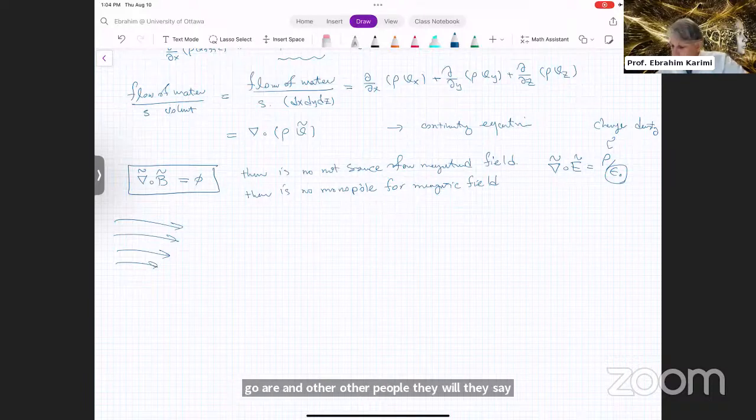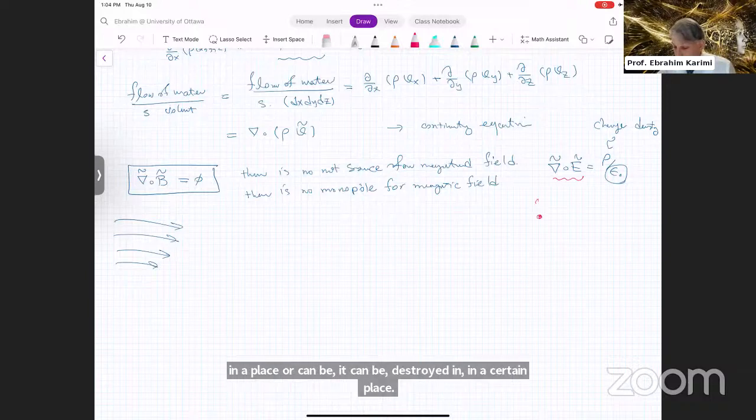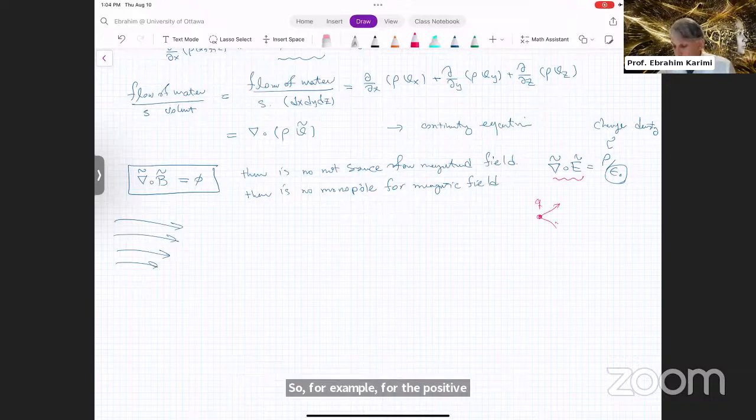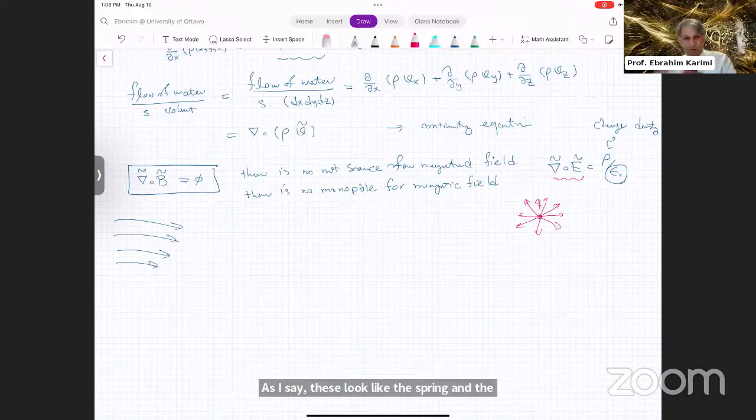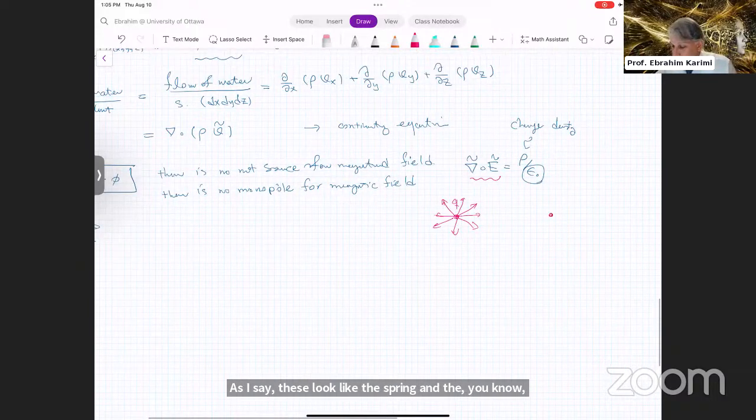What is important is that for the electric field, you are expecting that the electric field is created in a place or can be destroyed in a certain place. For example, for the positive charge Q, that's the form of the electric field that you have. As I say, it looks like a spring, a place where you are creating the electric field.